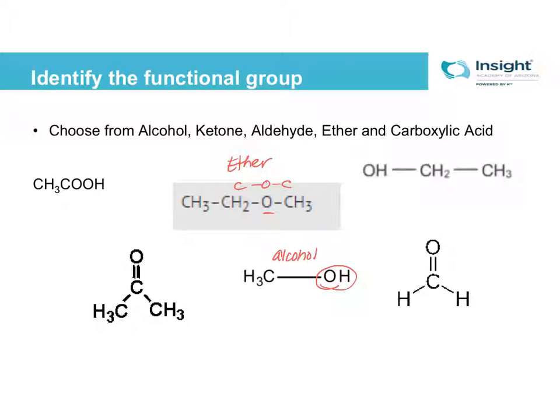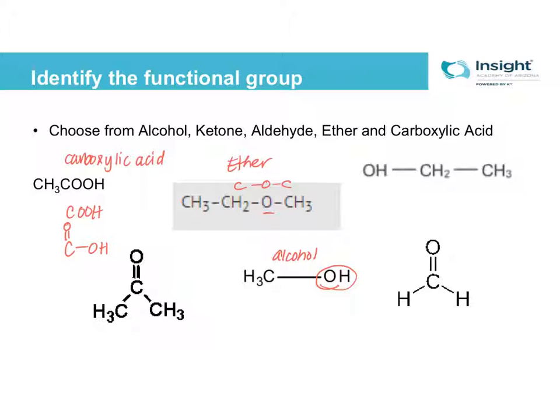This molecule here, the way it's written, it's kind of hard to see the shape, but I want you to know that the COOH, what that means is you have this. This is just a shorthand way of writing out a carboxylic acid without having to draw the actual structure.